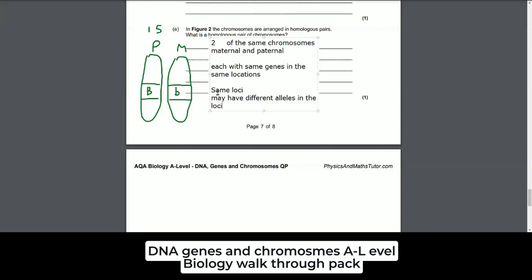Didn't need to say that actually. All we really have to say is same genes. It's a chromosome with the same genes in the same locations, same locus, or two chromosomes with the same loci. There we go. But don't say that they have the same alleles. That could be a big misconception. They don't have the same alleles. They've got identical genes and the genes are in the same locations, but they could be slightly different versions of the genes, which are known as alleles.